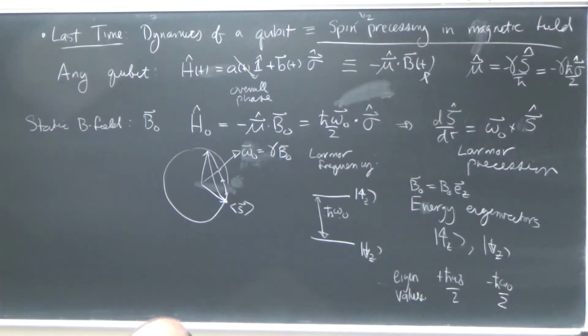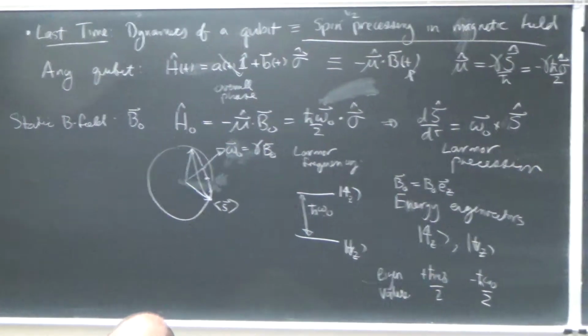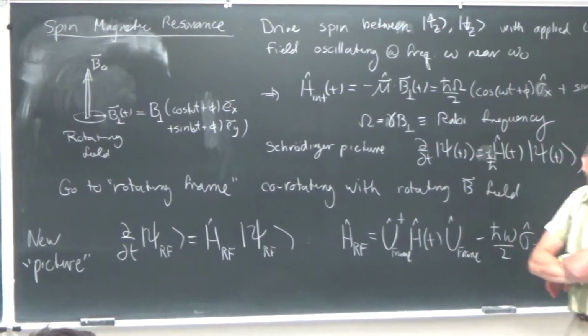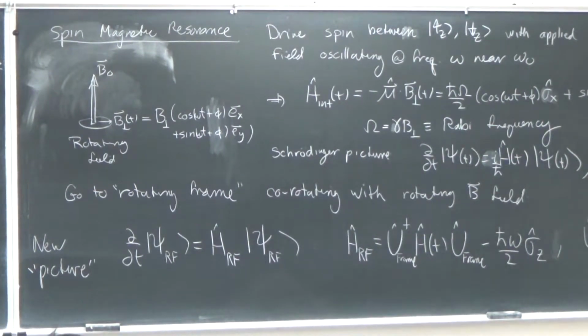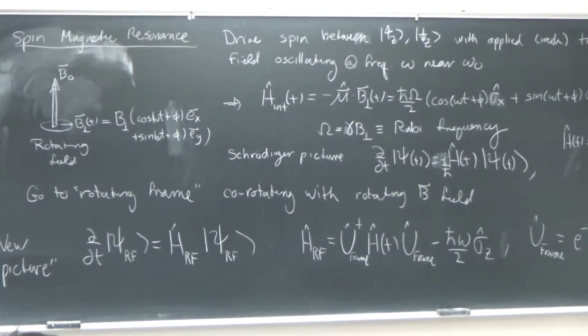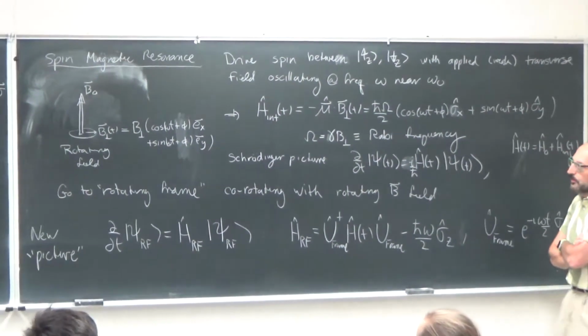which is really the heart of every quantum logic gate theory, which is thinking about driving the system, in this case between spin up and spin down, with a weak transverse magnetic field, oscillating at some frequency omega near to the resonance frequency.